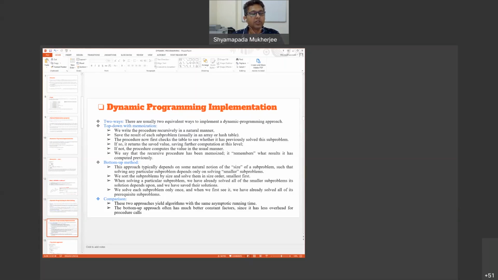So top-down memoization is a simple kind of thing. When there is a table and a particular problem appears, we use the same recursive procedure, but we avoid recalculating or repeatedly computing the same problems that appear while solving. So we use a table, which is called memoization, where we remember the solutions we have pre-computed before.